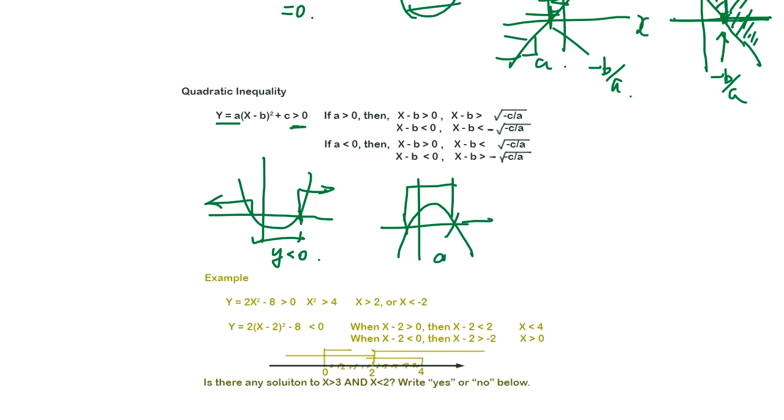So depending on a, if a is negative, then this range gives positive y, and this point is a root. Both cases have roots. So depending on a, either it's going to be outside or inside of the curve.